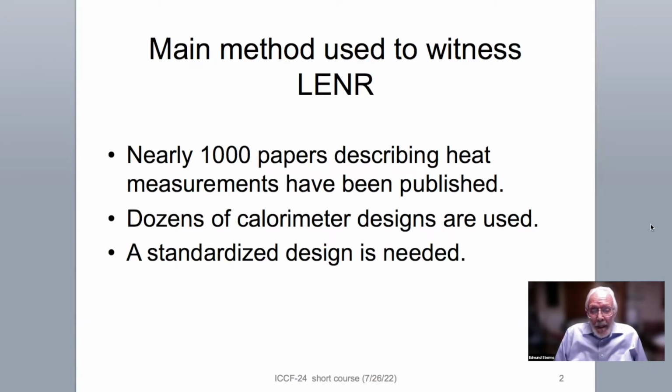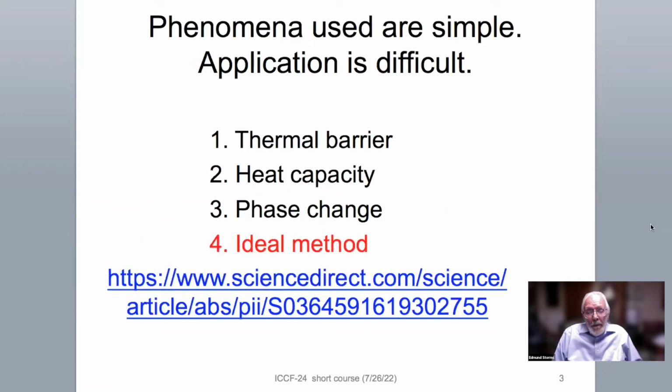But first, let's talk about the basic mechanisms that are used to measure heat. There's three basic phenomena that are used: the thermal barrier, the heat capacity, the phase change. And then the one I'll discuss in some detail, I call the ideal method. And I will go into some detail about how that can be implemented.